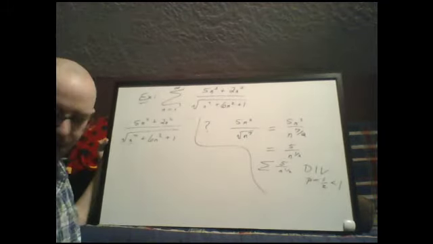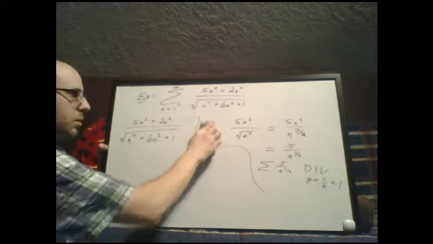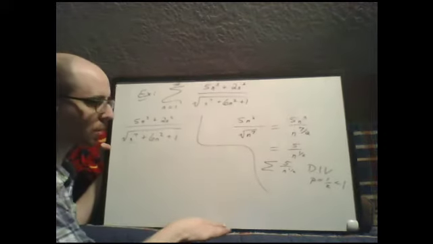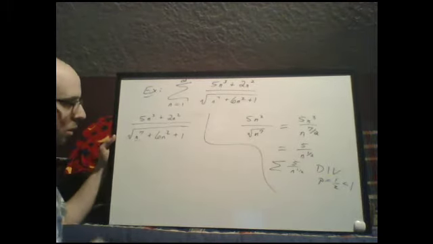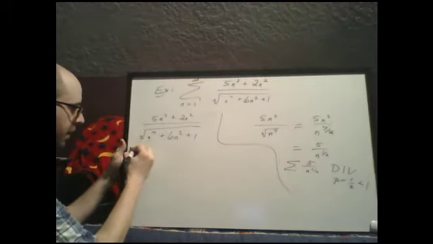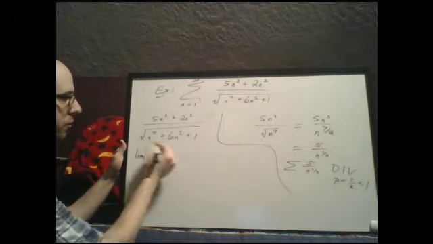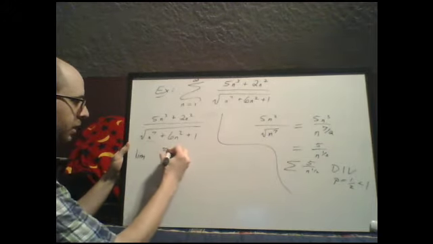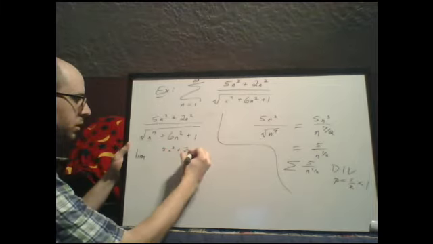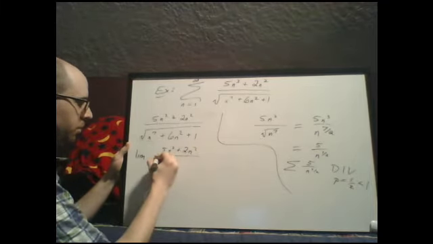All right, so I'm trying to compare this indirectly with the limit comparison theorem. All right, so hopefully I have enough space here. The limit of this thing divided by that thing: 5n cubed plus 2n squared divided by this square root.